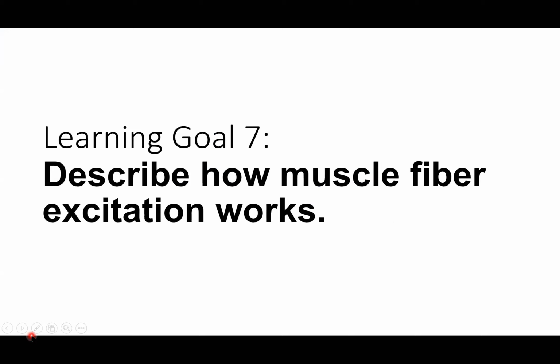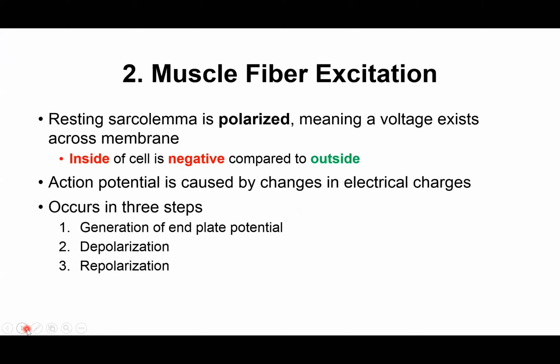So now that we've covered the neuromuscular junction, we're going to move on and talk about how muscle fiber excitation works. Our resting sarcolemma is polarized, and polarized means that there's a voltage that exists across the membrane. For our purposes, we have a cell here.